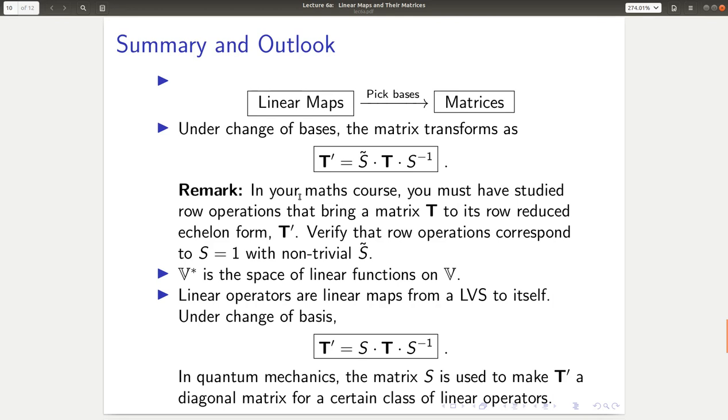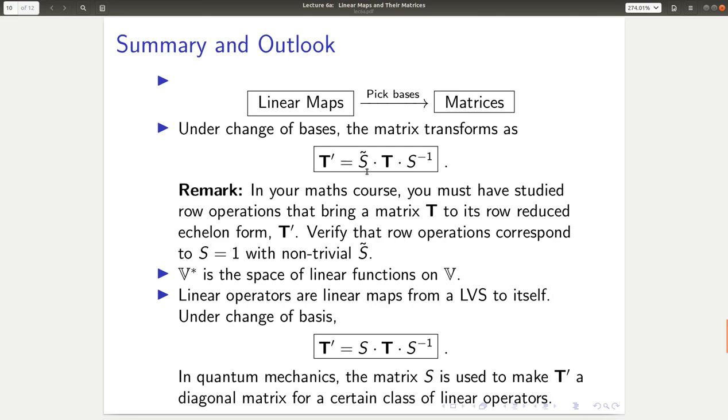Now it's interesting that in your maths, I think they introduced you to something called the row reduced echelon form. You're given some n by n matrix and you do some row manipulations, and then you get a different matrix, let's call it T prime, which is in a particular form called the row reduced echelon form.